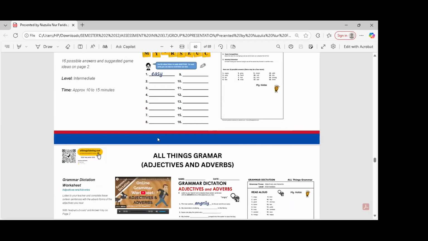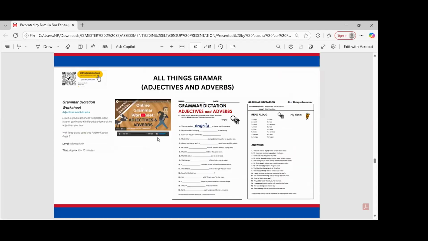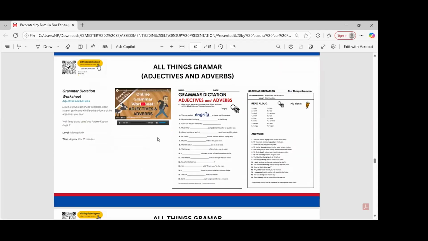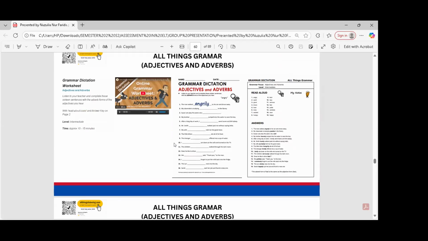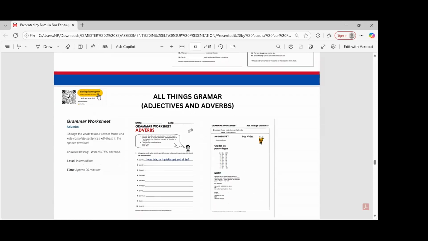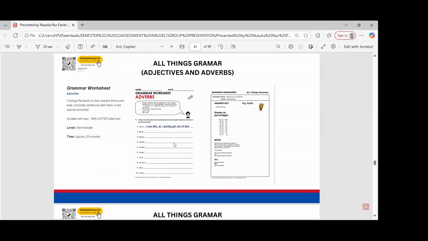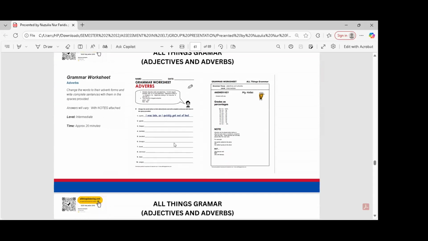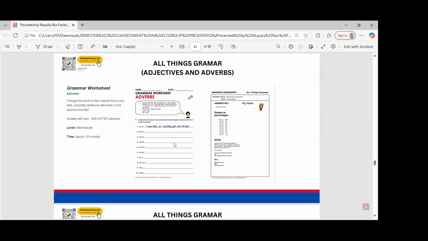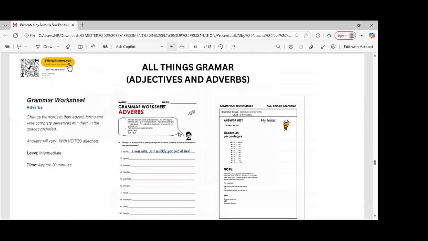Here is also another example of adjective and adverb tasks or assessment about grammar. Yeah, I think you can learn it by yourself after this lesson.